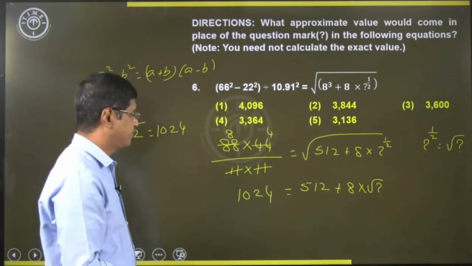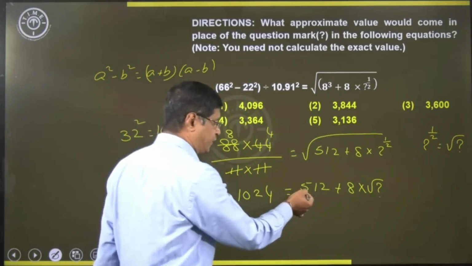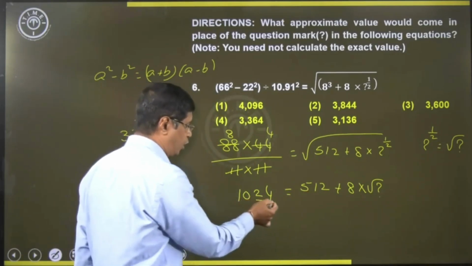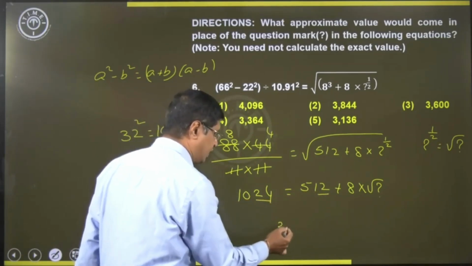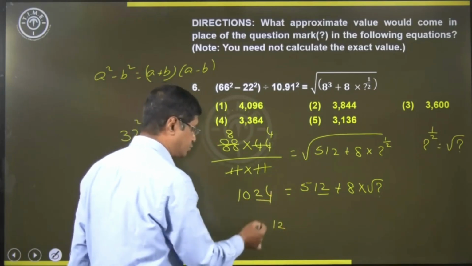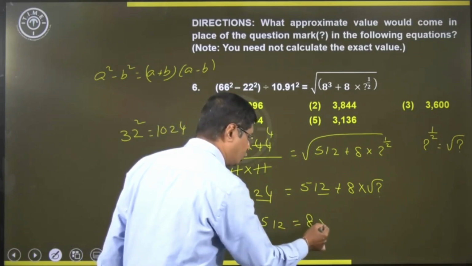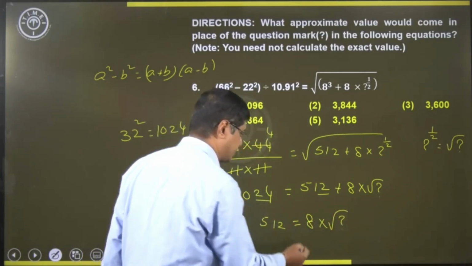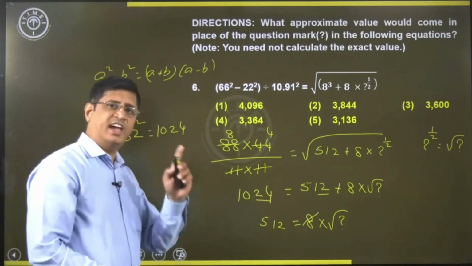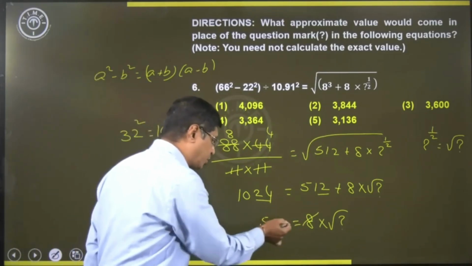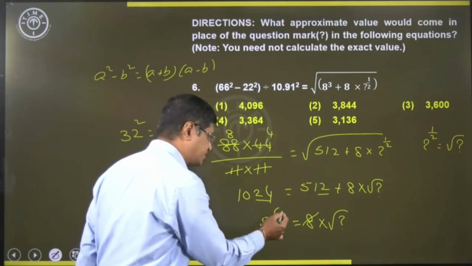Simplify. Now by taking 512 to the other side, 1024 minus 512, that is 512. 512 equals 8 into under root question mark. 512 is 8 cube. 8 goes how many times? 8 square times means 64.